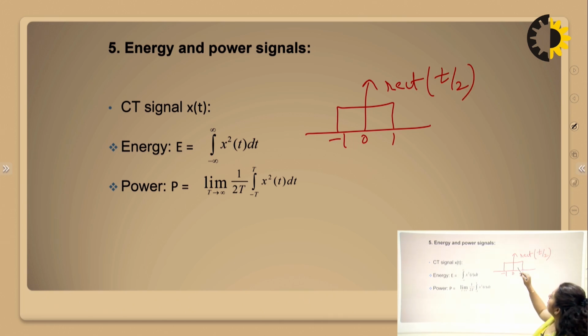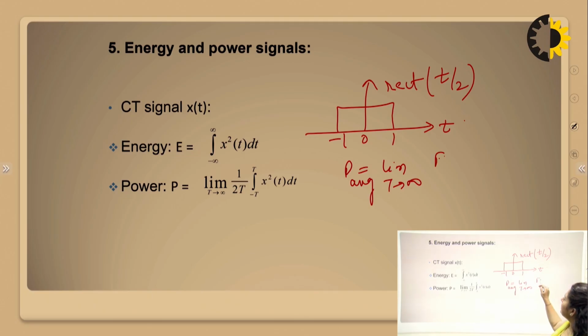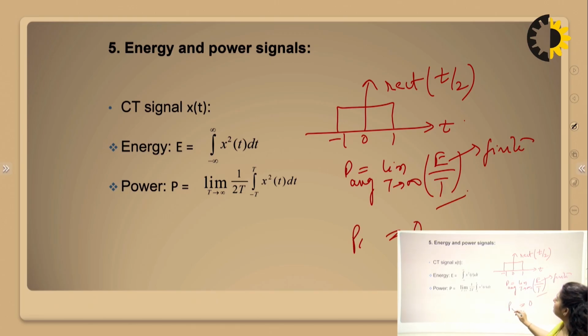These types of signals have finite energy, and if you calculate the power, because power is equivalent to the limit t tends to infinity of energy by time, with finite energy and t tends to infinity, the average power becomes 0. So if the energy is finite, the average power is 0.